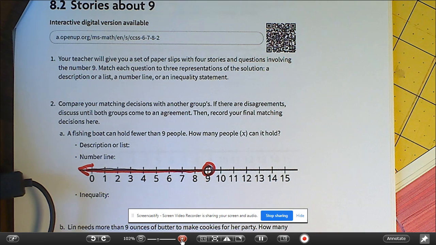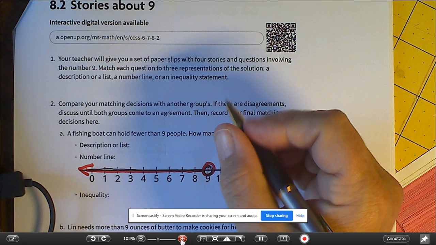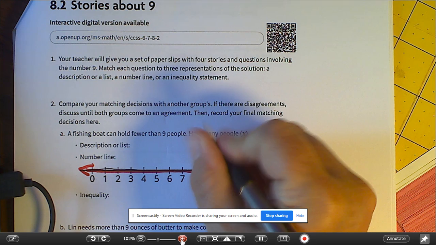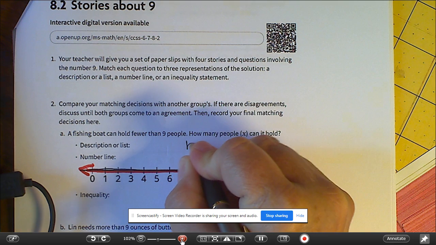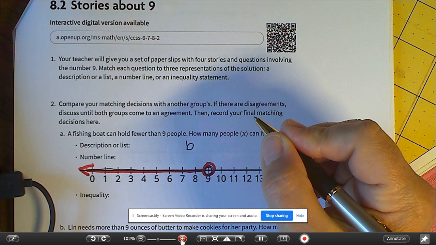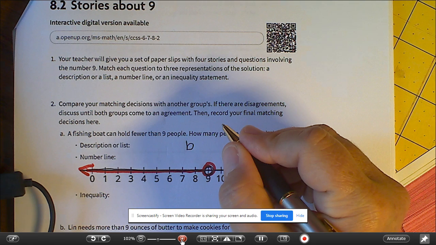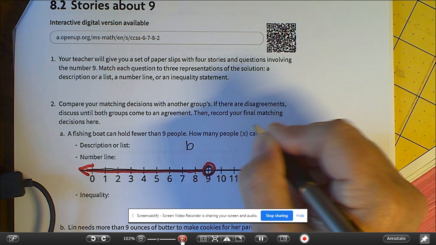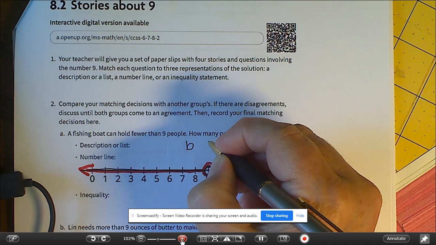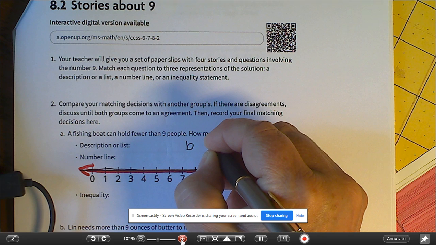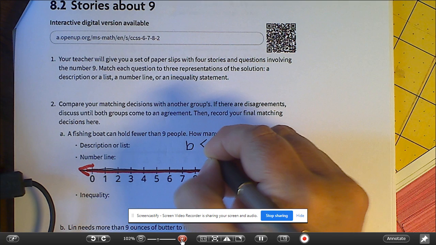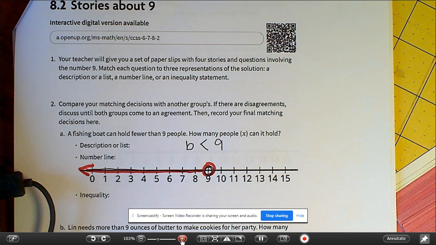Okay, and if you're writing it, that would be boat, right? That's our X or whatever. It says X, how many can it hold? So that would be boat is less than 9. Okay.